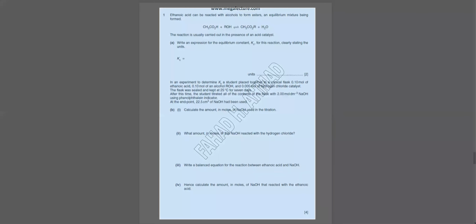TK, let me, I'm sending this question on WhatsApp. Sir, could you send the whole paper as well? Yeah, I'm going to do that.